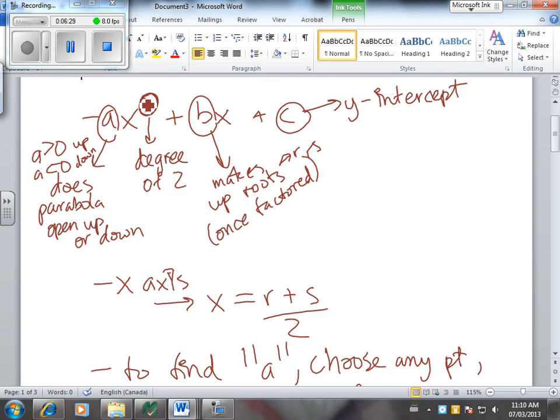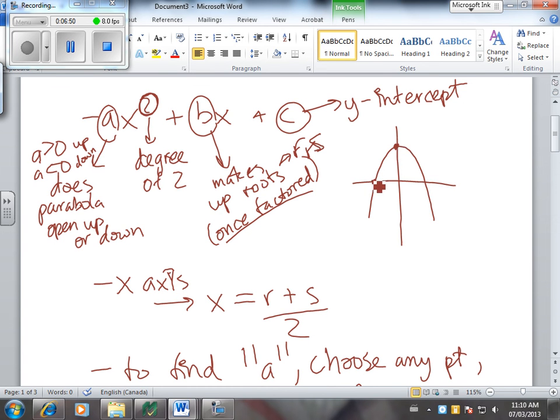The bx will be what makes up your roots, and your roots, remember, are r and s, once you've factored it out. And then c is your y-intercept. So if I have my parabola, this is my y-intercept.